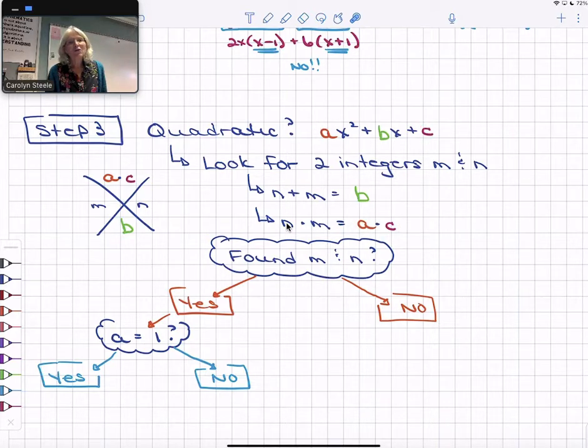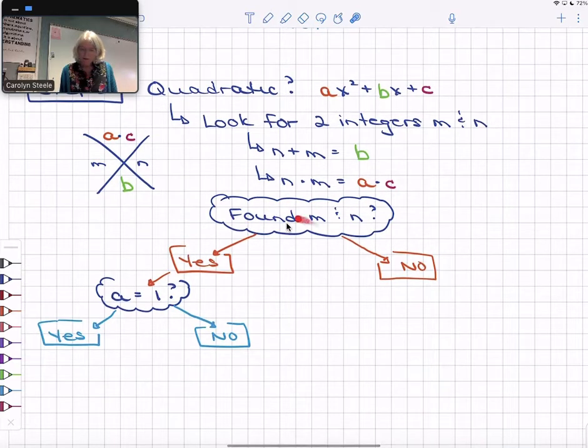When a is just 1, sometimes we say they have to multiply together to be c, but that's just because a times c, when a is 1, just gives you c. This reduces to a simple diamond puzzle. Can we find these 2 numbers that multiply together to be the product of a times c and add together to be b? Try the diamond puzzle. Can you solve it? Can you find those 2 numbers?